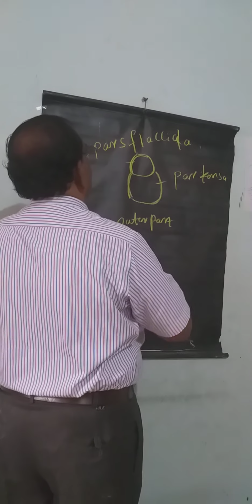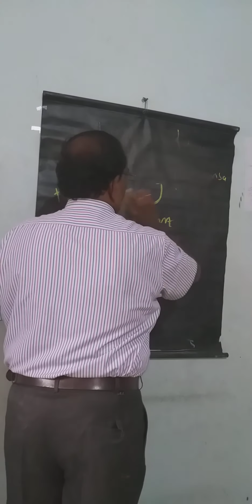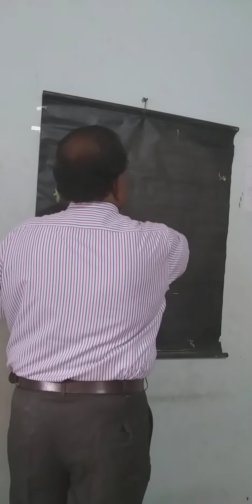The pars flaccida is a small triangular space present on the upper side, and pars tensa is below. Now we will see how pars tensa got its name.